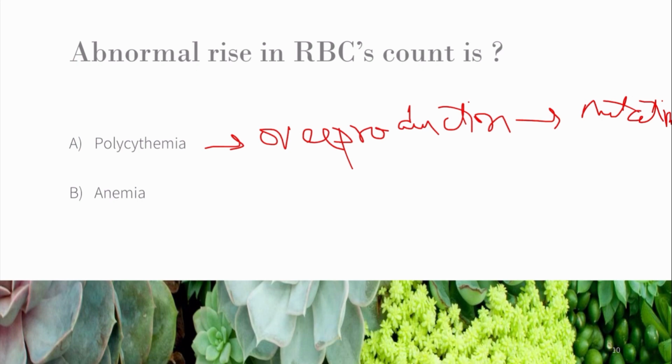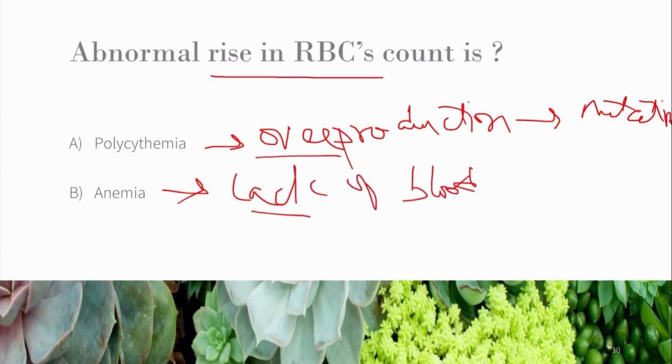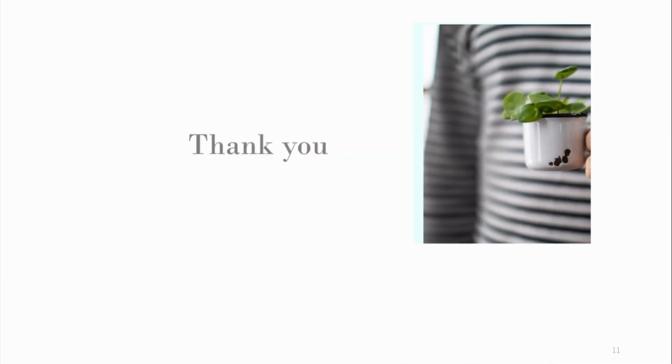This can be the reason for the abnormal rise in the RBC count. And anemia, what is anemia? It's basically a lack of blood. So the correct answer for this is polycythemia.